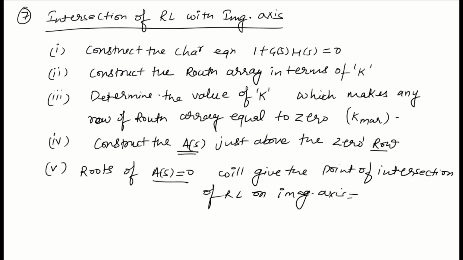So, these are the steps to calculate the intersection point of the root locus with the imaginary axis. We will discuss all these steps in the next lecture when we take examples.